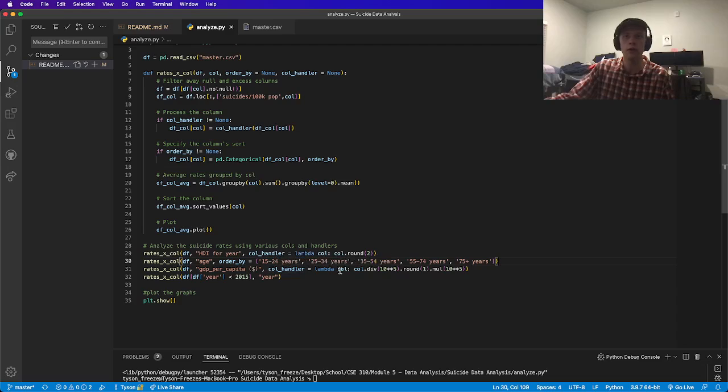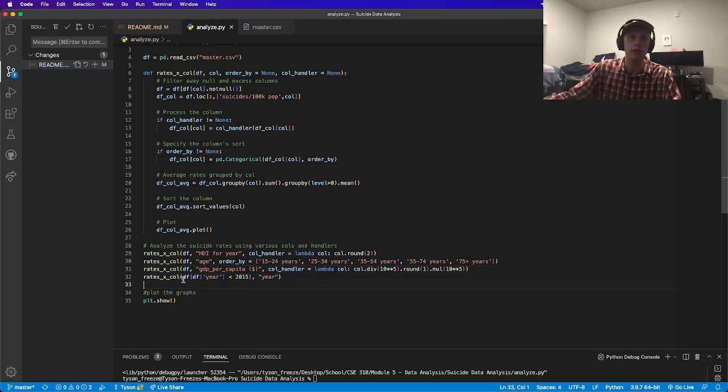For GDP, we need to normalize the data so that the graph would not be so jagged. You'd be able to identify a trend easier. We do that by dividing by 10 to the 5th, rounding to 1 decimal place, and multiplying again by 10 to the 5th to return the data to its normalized state.